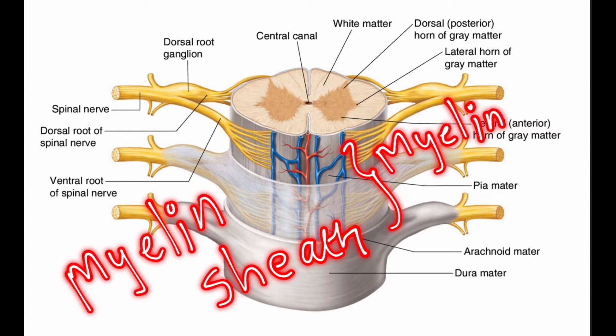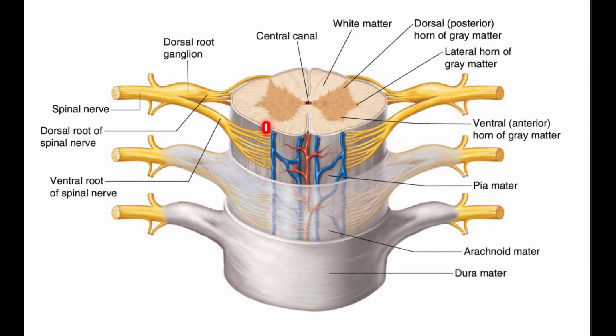And you have the fast velocity, because you have only the ascending tract. So the velocity, that is the speed of the signal, is very fast here in the dorsal column.